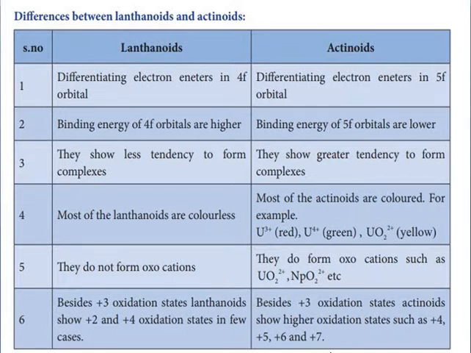Due to these higher oxidation states, actinoids show different colors in their compounds. This difference is most important for our HSC board examination, and it contains 6 points. If a 2 marks question is asked in the exam, then you can write only 5 points in your answer sheet.